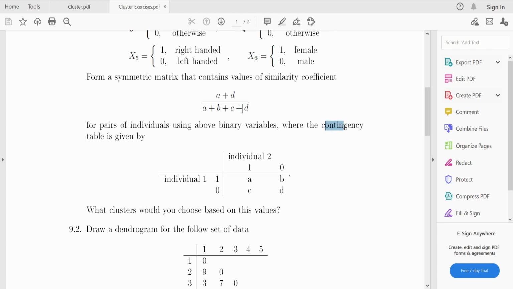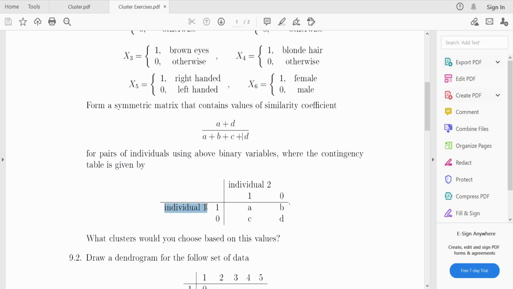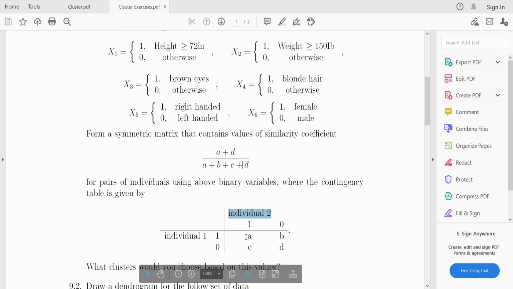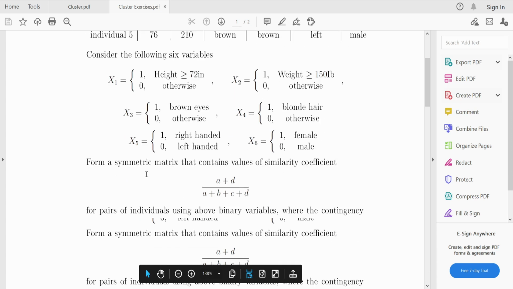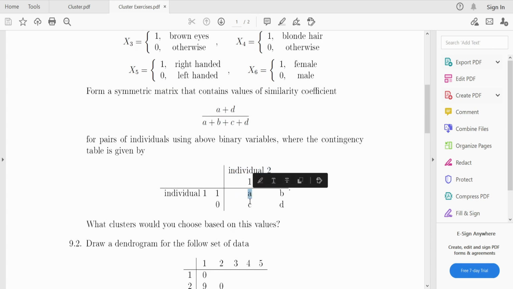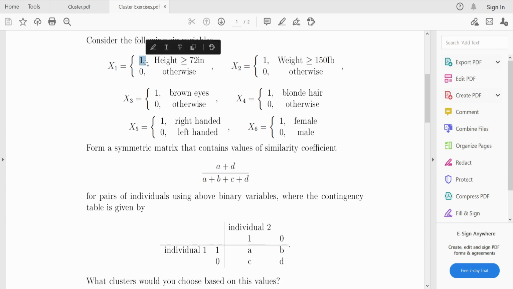So first, we need a contingency table for all individuals, not just for individual 1 and individual 2, but all possible combinations. What is this contingency table? It is a table that contains different numbers for different combinations of values of these variables.